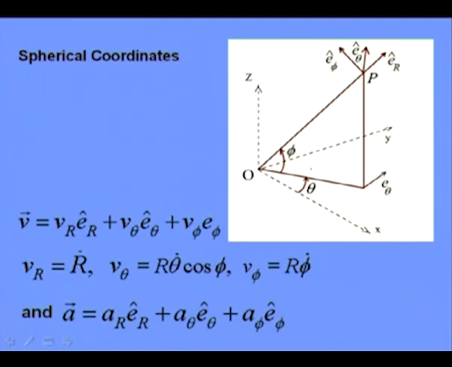In spherical coordinates, velocity is indicated by V r into er plus V theta e theta plus V phi into e phi, where er, e theta and e phi are the unit vectors along r, theta and phi directions.